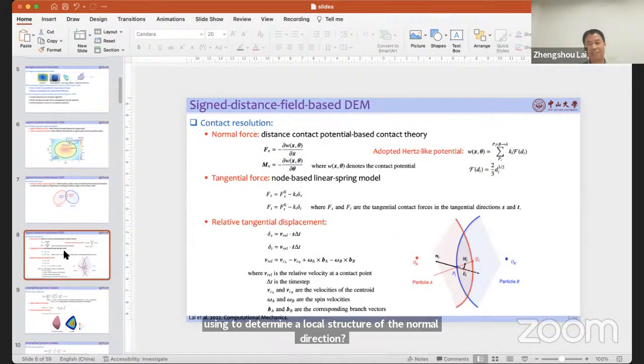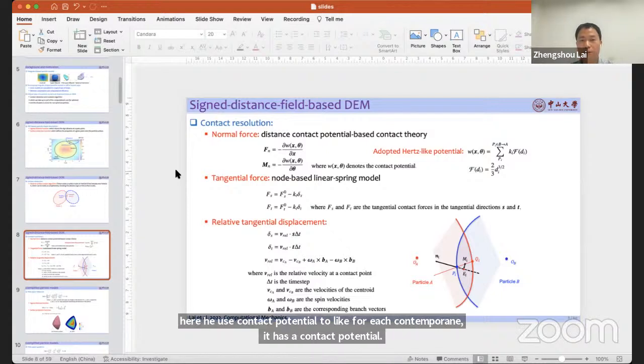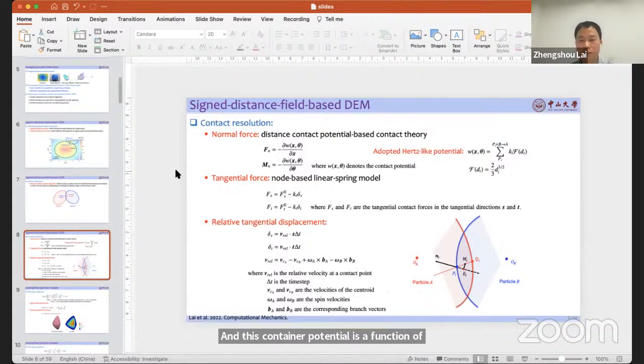Yes. So here, for the normal direction, we adopt the energy conserving contact theory proposed by Professor Feng Yintian. He used a contact potential, so for each contact point, it has a contact potential, and this contact potential is a function of the relative position and also relative rotation between two particles.